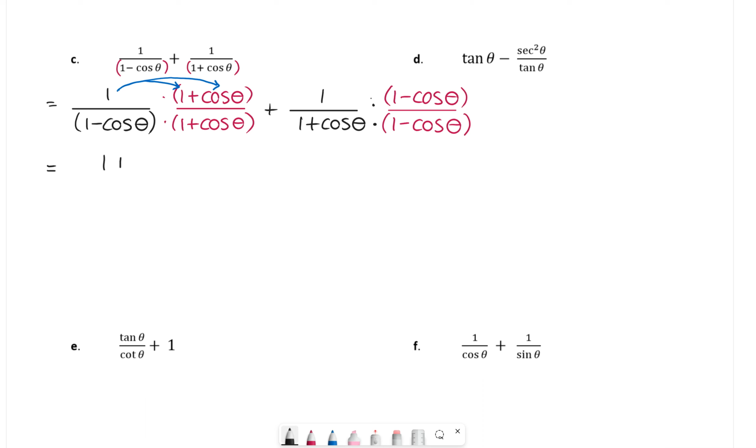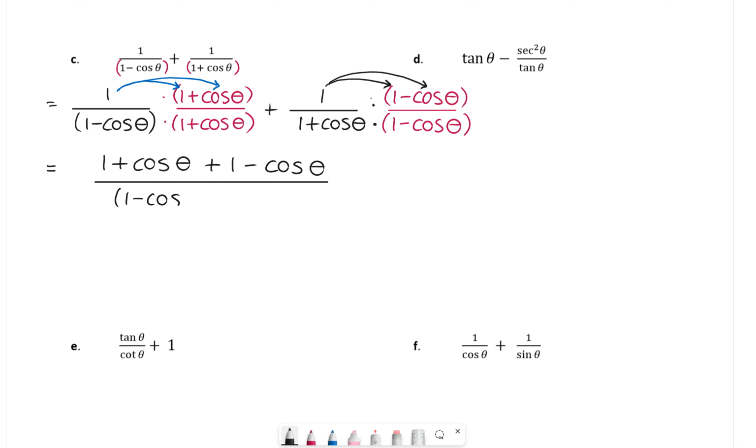1 times cosine is positive cosine theta. And I also need to distribute this and this. And it's going to also be a positive 1 and a minus cosine theta. And all of that has to be divided by the common denominator of 1 minus cosine theta times 1 plus cosine theta.